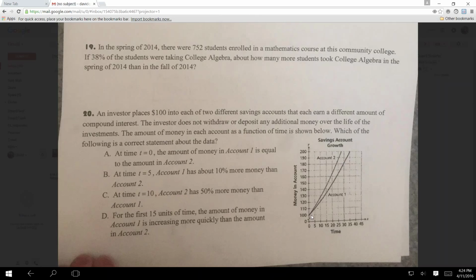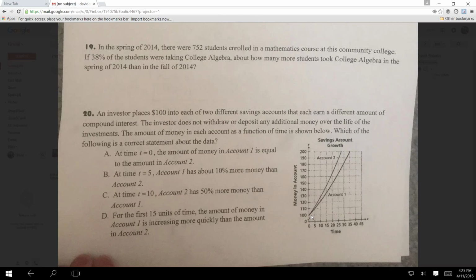So therefore, at time 0, the amount of money in account 1 is indeed equal to the amount of money in account 2. You can see it from the graph. You can also figure it out from the words in the paragraph.